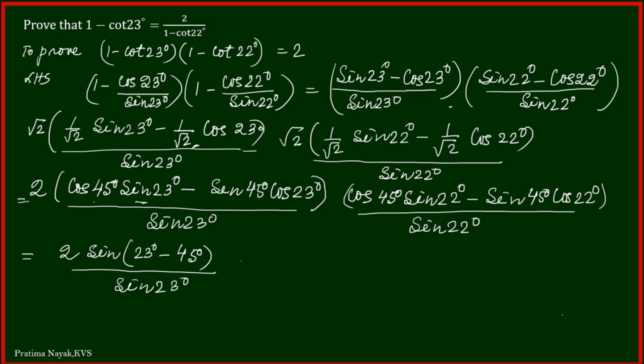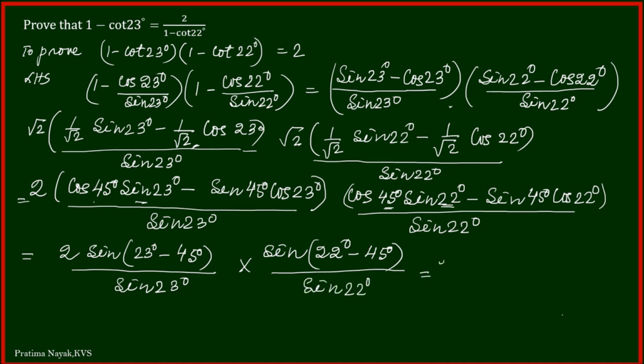So to the next one, next one will be sine. Here A is 22 and B is 45. So it will be 22 degree minus 45 degree over sin 22 degree.